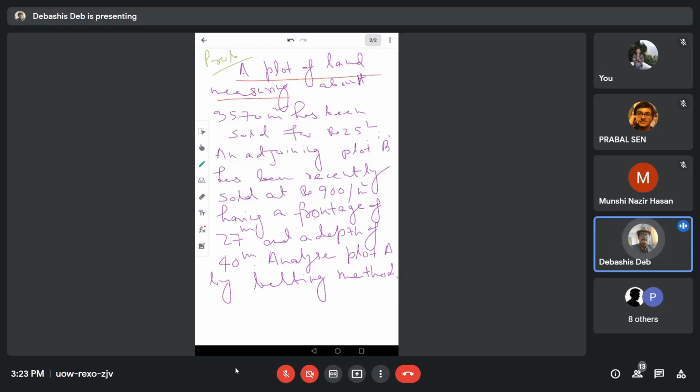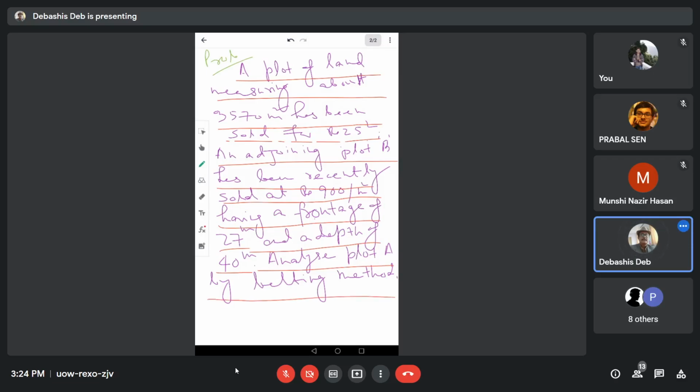A plot of land measuring about 3570 square meter has been sold for 25 lakh. An adjoining plot B has been recently sold at rupees 900 per square meter, having a frontage of 27 meter and a depth of 40 meter. Analyze plot A by building method.